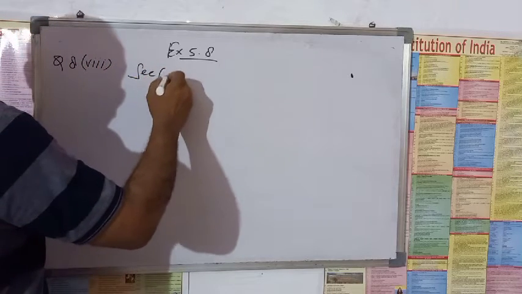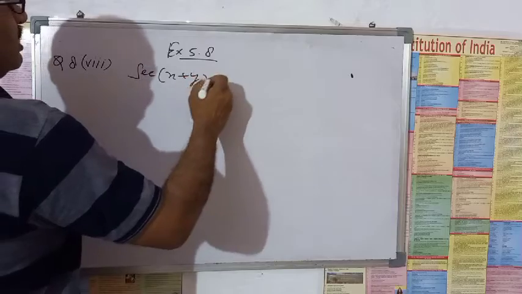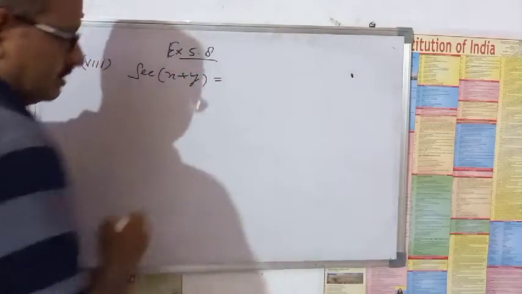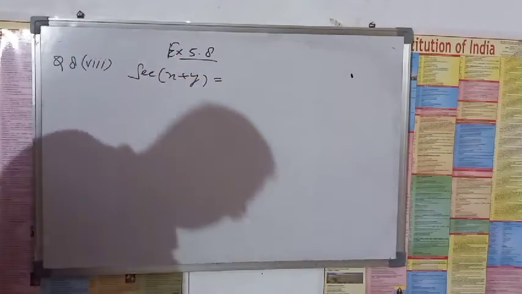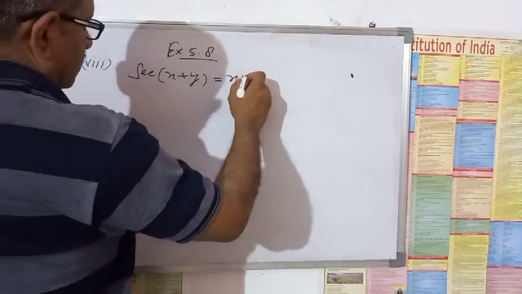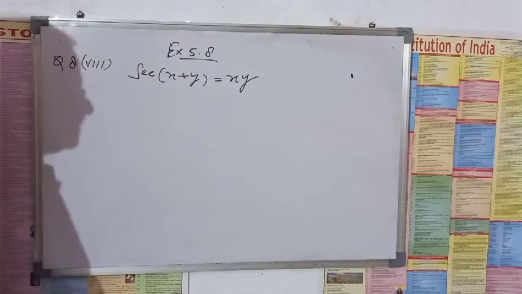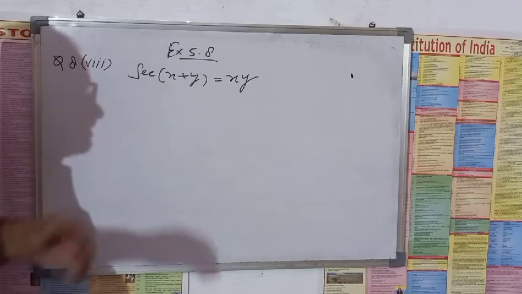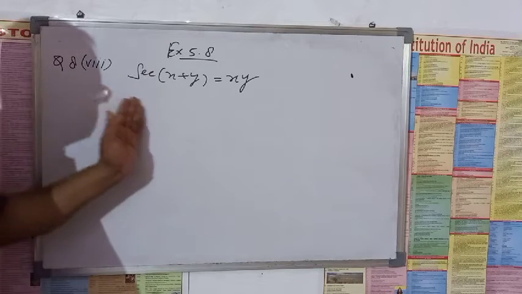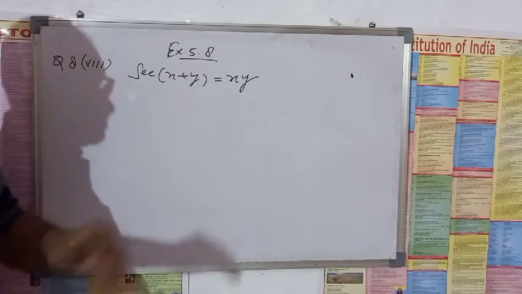It is given sec(x plus y) is equal to xy. We have to find dy by dx. So differentiating this equation with respect to x.